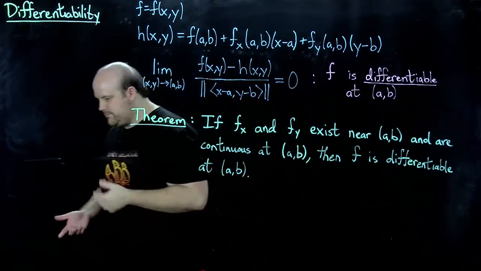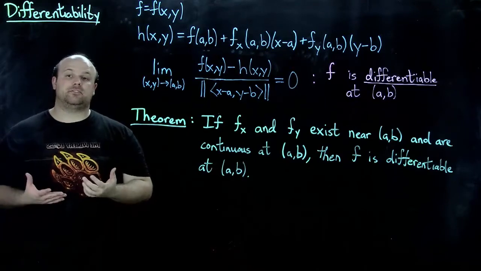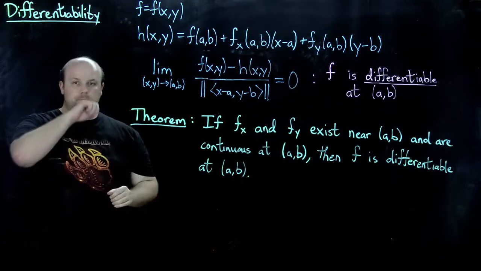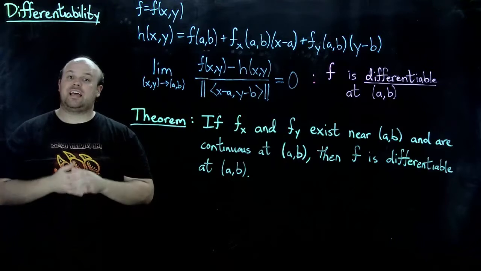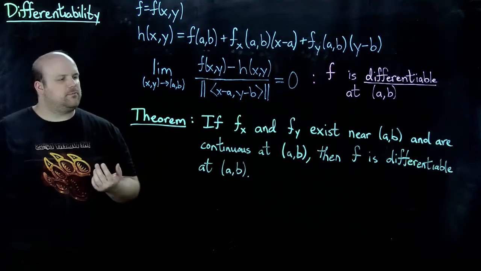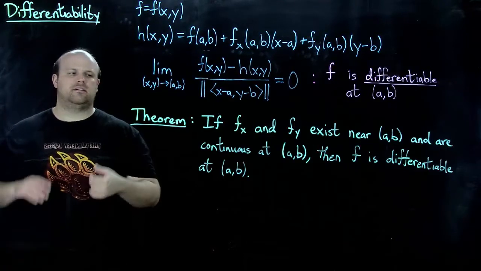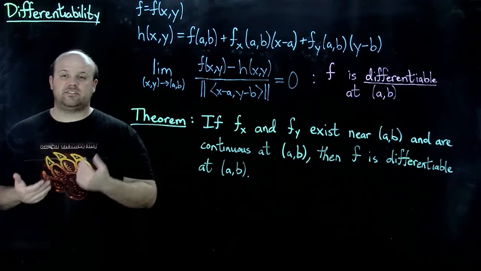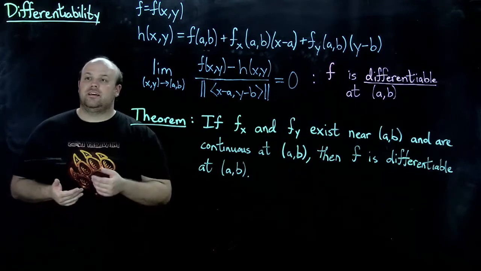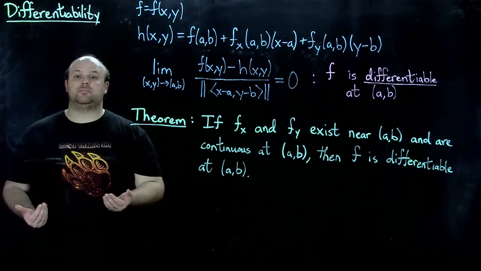Well, this is usually really difficult to check because these kinds of limits are pretty difficult. So how do we check if a function is actually differentiable? Well, unless we're dealing with really nasty functions, then we can usually just go with the rule that if we can write down the derivatives, then it's going to be a differentiable function.